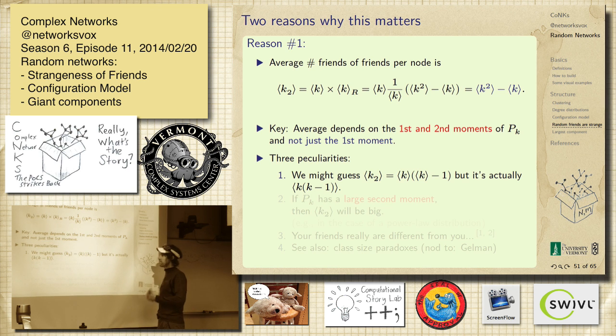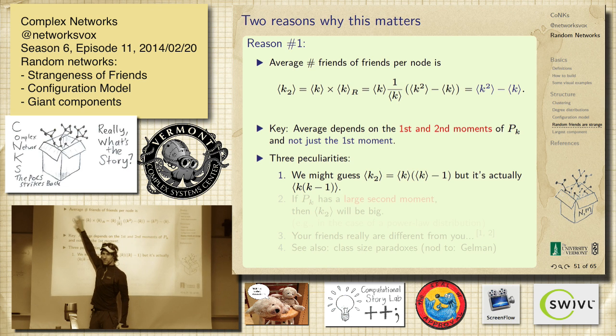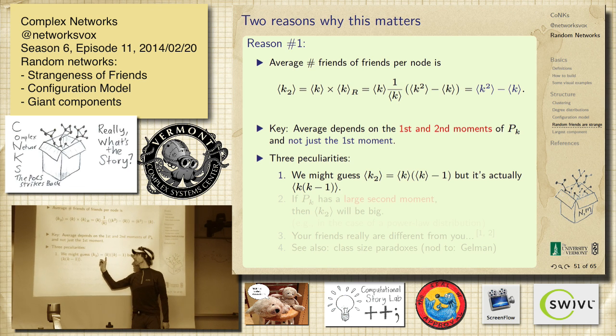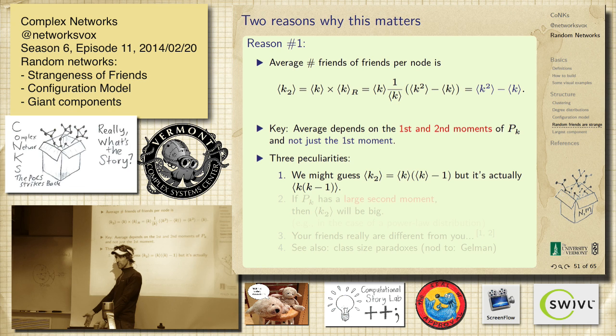All right, so here's the naive thing you might think, and I've written this as K sub 2. This is terrible notation, but that means the number of friends 2 steps away. The simplest thing to think would be the average degree multiplied by the average degree minus 1, because if you're not thinking about this edge degree thing, you travel out to someone, they should just have the same average degree as everyone else.